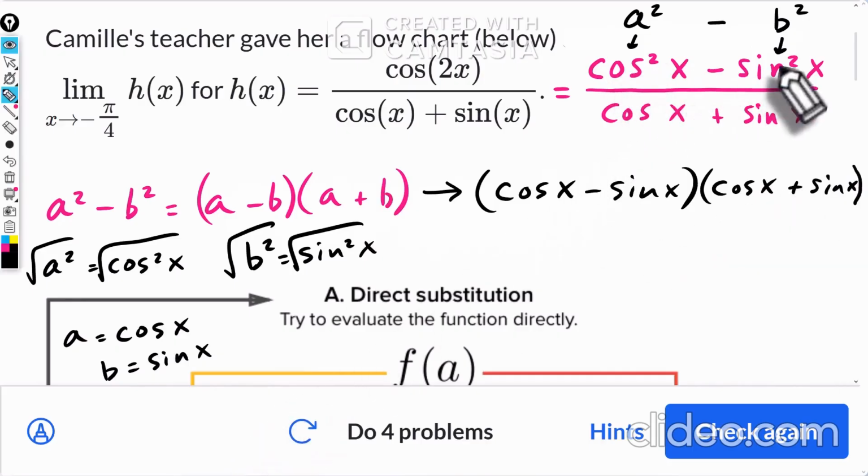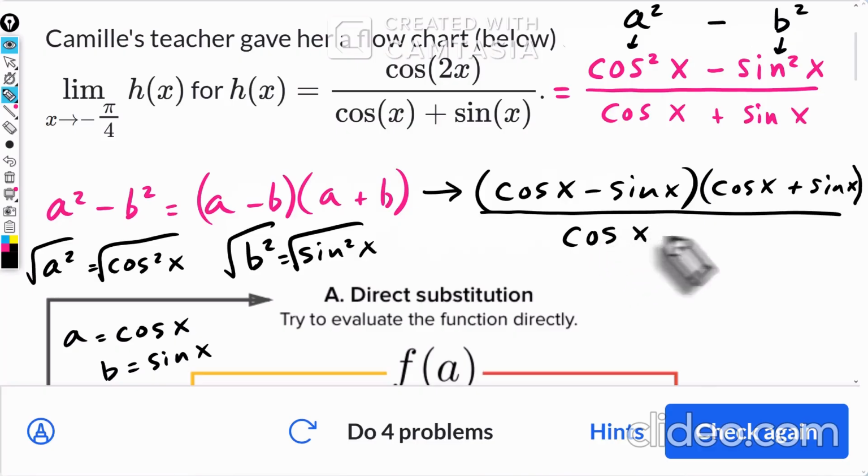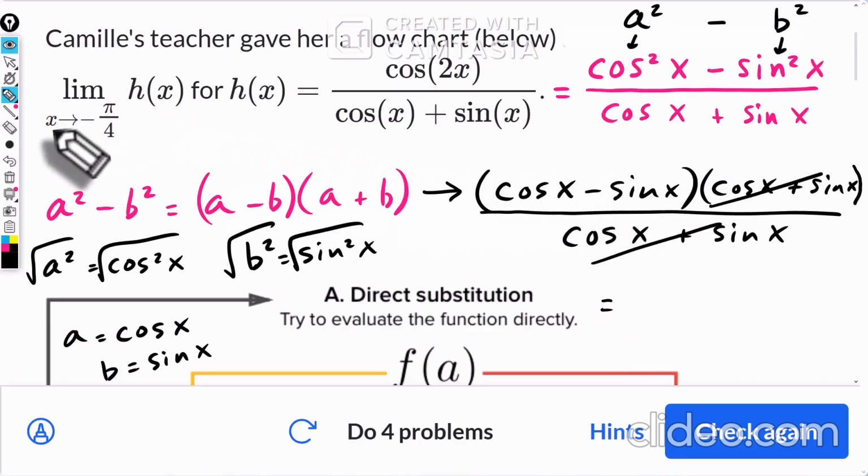All right, so I rewrote the numerator, expanding the difference of squares using this formula. The denominator is the same, cosine x plus sine x. All right, these are both multiplied in the numerator, so we can cancel cosine x plus sine of x, top and bottom. All right, and now we can substitute once again with what we have left.